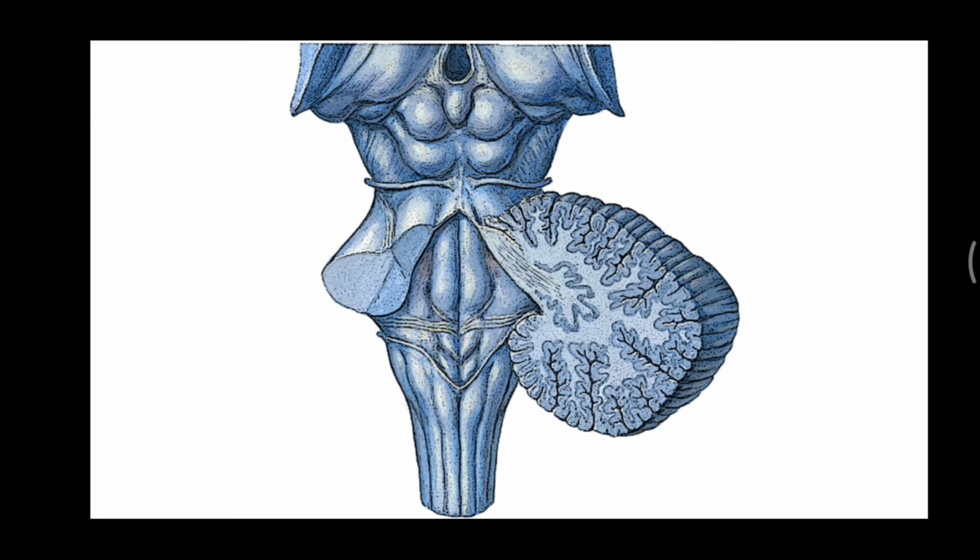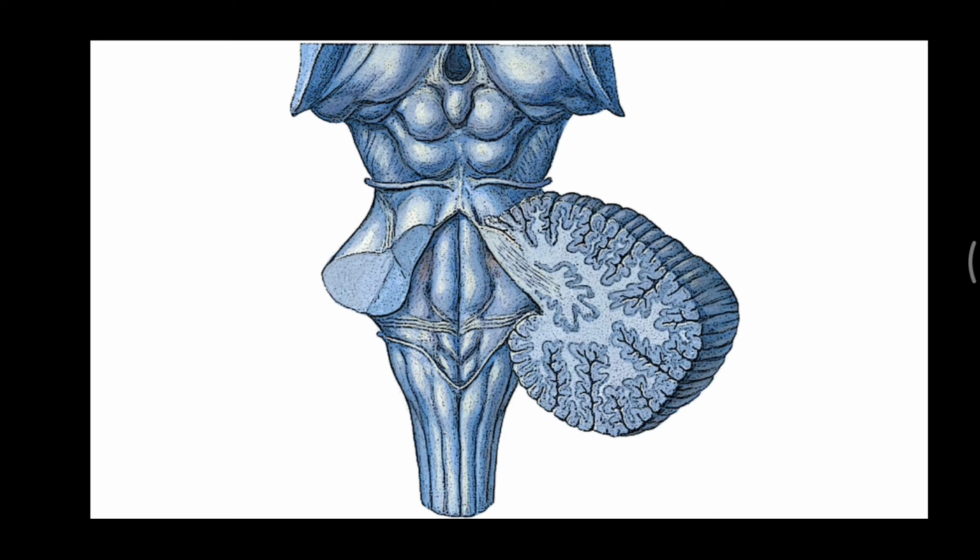The inferolateral zone, that is over here, lies outside the floor of the fourth ventricle and consists of lower and upper parts. The fasciculus gracilis and the fasciculus cuneatus extend upward from the spinal cord into the lower part of the posterior area, retaining their respective positions, that is, the fasciculus gracilis medially and the fasciculus cuneatus laterally.